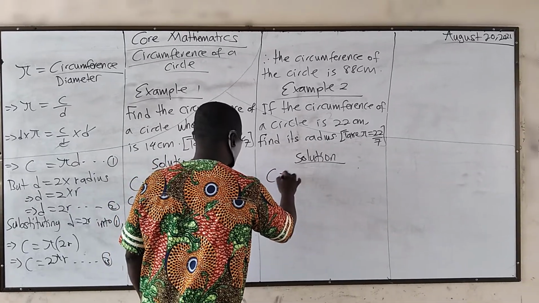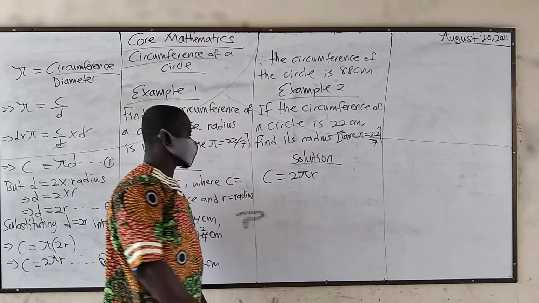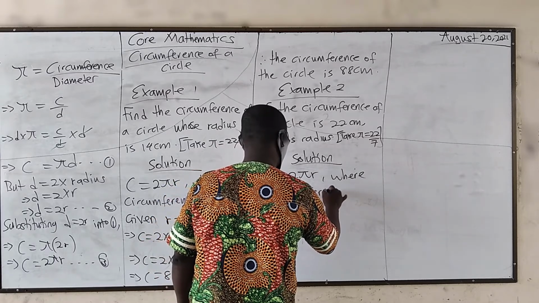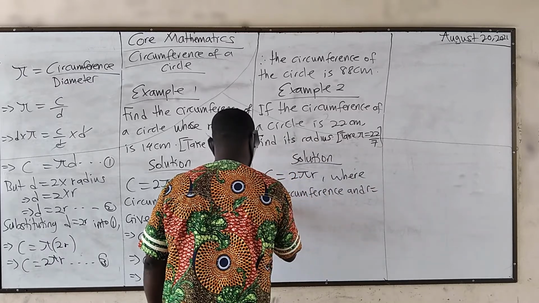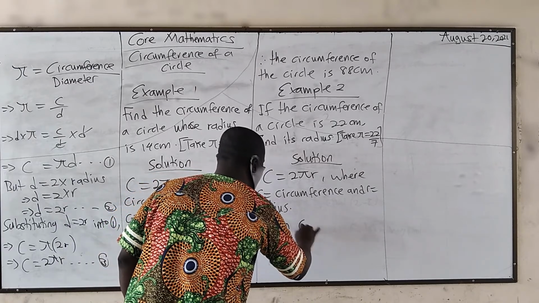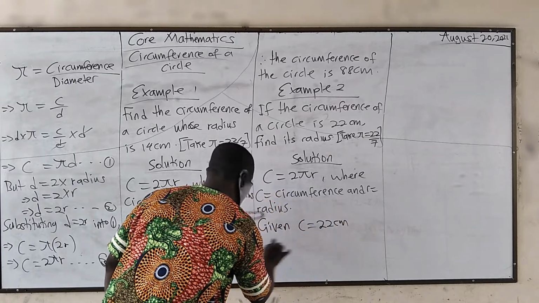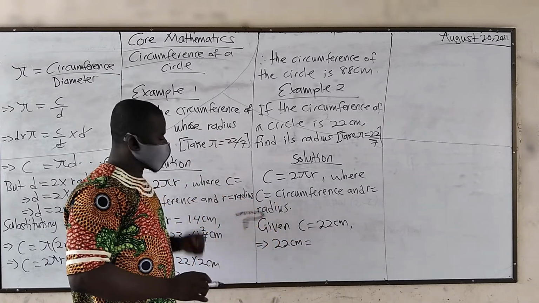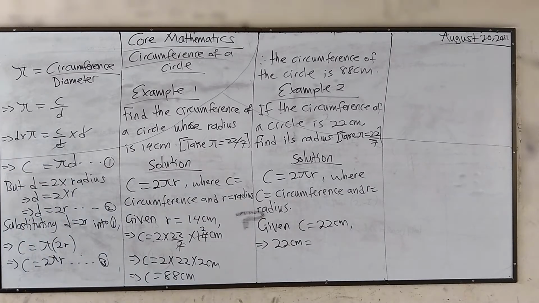Given C to be equal to 22 centimeters, that will imply that... But I think in calculations you can ignore the units so that the final answer that comes will be correct. Are you okay with that?